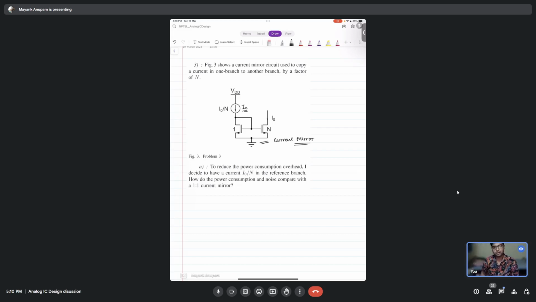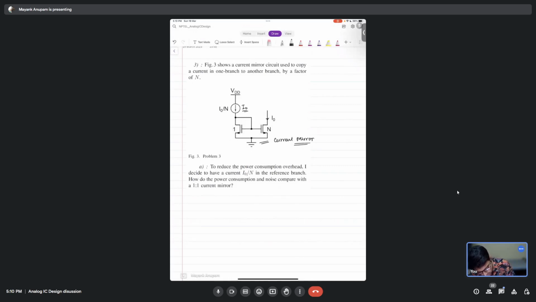The purpose of this particular transistor is simply to provide a reference voltage. This second MOSFET is the one whose current matters to us. So this MOSFET here is simply there to provide this voltage at its gate.